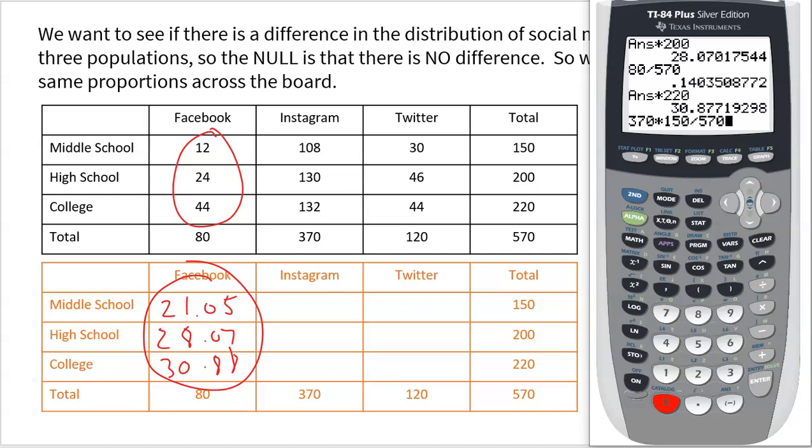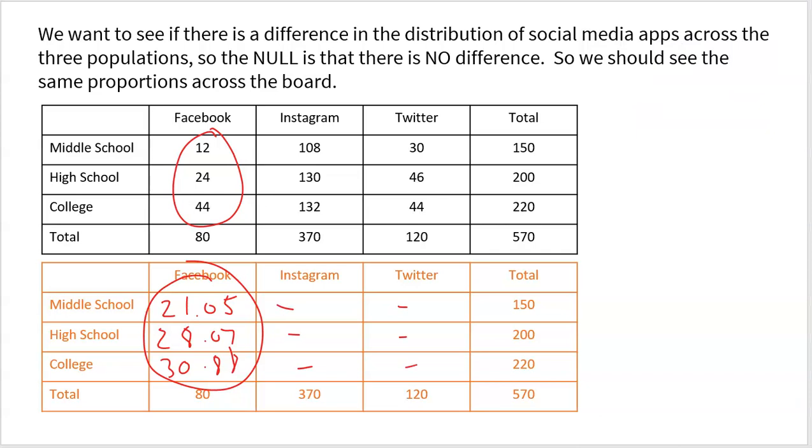The key is that the 370 out of 570 is there because that's the proportion of all people who use Instagram, and I'm multiplying that by 150 to figure out how many middle schoolers should be using it. So 97.37. So you literally have to repeat this process for every single one of these. It is a little bit painstaking, but it is worth it to do. So that's how you find all of the values there. Not too bad, pretty simple, but again, it does take some time.